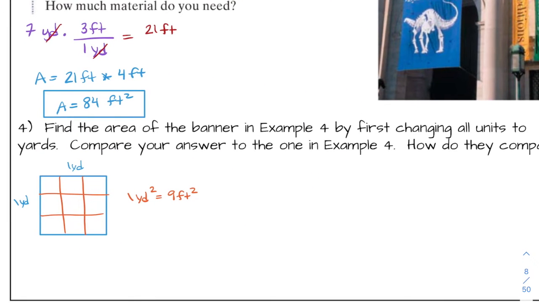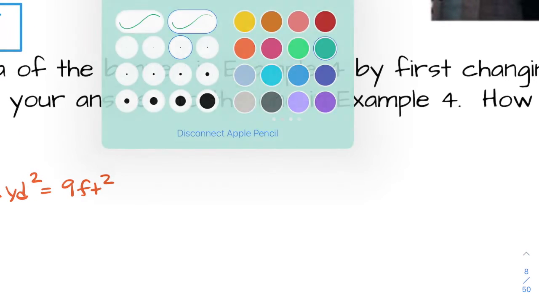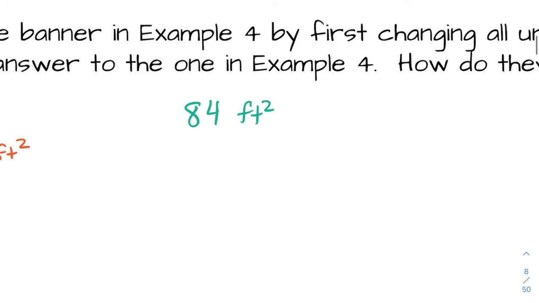This is actually the second question. Find the area of the banner by first changing all units to yards. Well, we could change all of it to yards, or what I can just do simply is say the area is 84 feet squared.